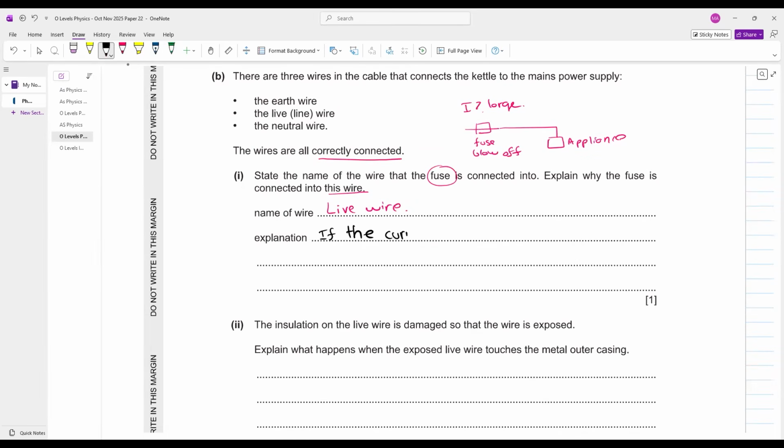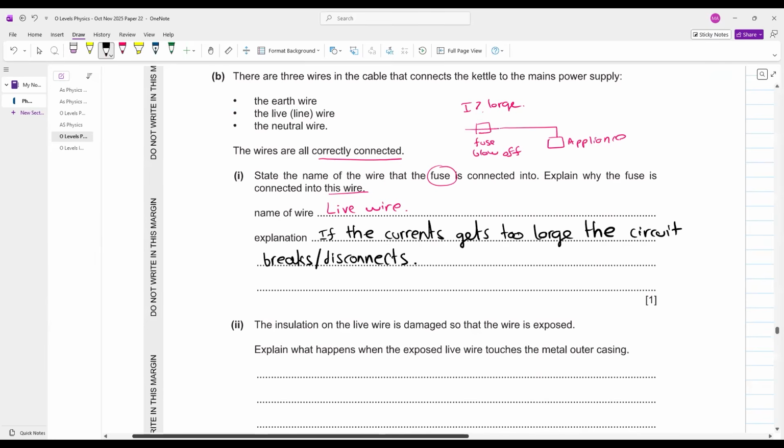तो आप यहाँ पे लिख सकते हो, यू कैन से इफ द करंट गेट्स टू लार्ज, द सर्किट ब्रेक्स, या ये कह सकते हो कि द सर्किट डिस्कनेक्ट्स. क्या होगा? सर्किट ब्रेक करेगा, डिस्कनेक्ट करेगा, व्हाट विल हैपन?